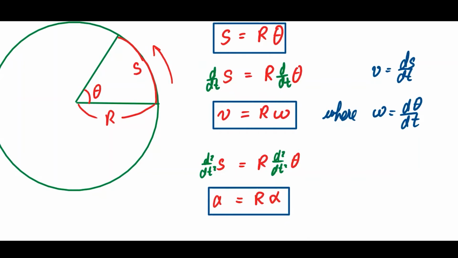Okay, now so I'm going to say where, of course, a is the second derivative of s, and then alpha is the second derivative of theta. Okay, now let's think about it.